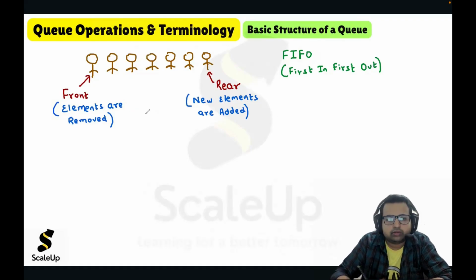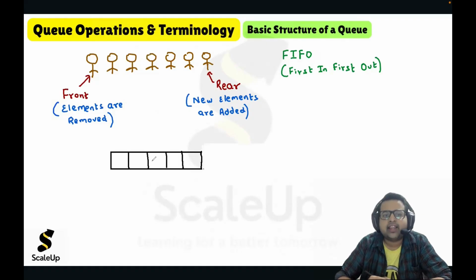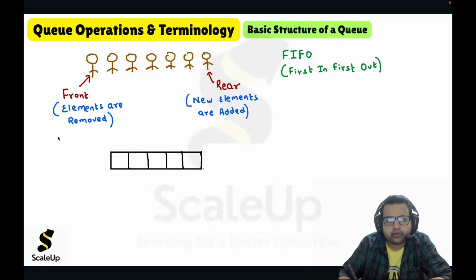Now for a clearer understanding, I'll take an array with 5 indexes: index 0, 1, 2, 3, 4. Let us suppose it contains some elements: 10, 20, 30, 40, 50.